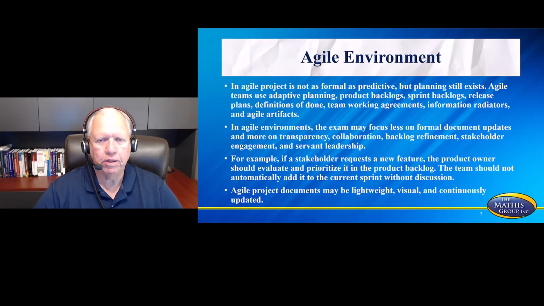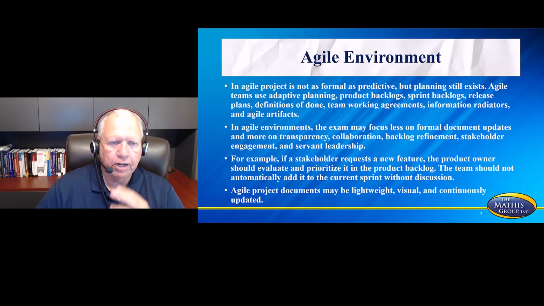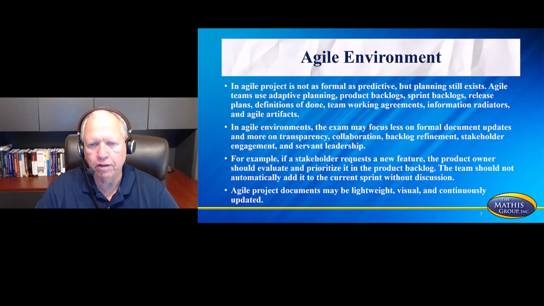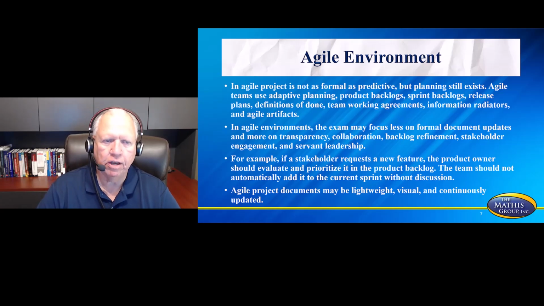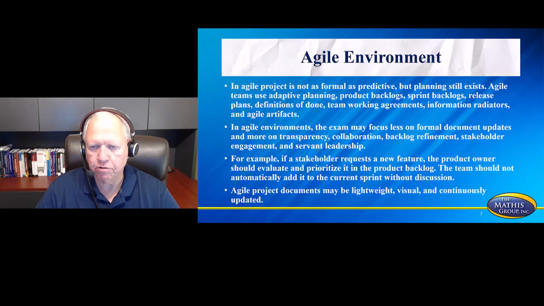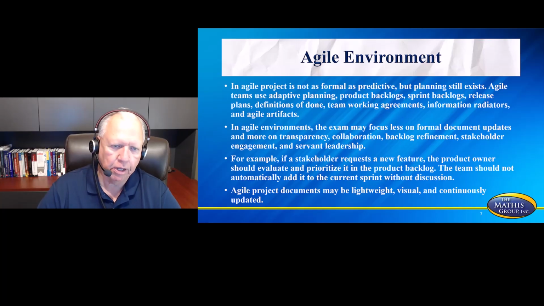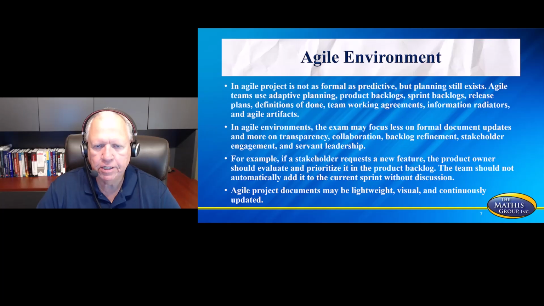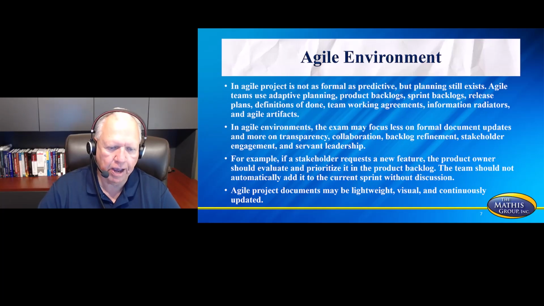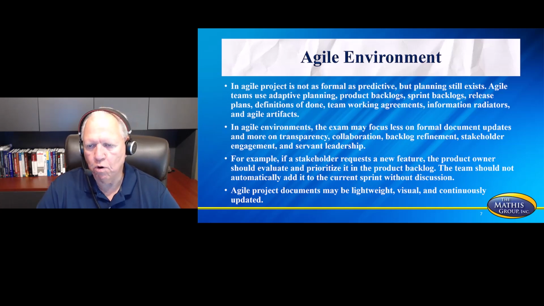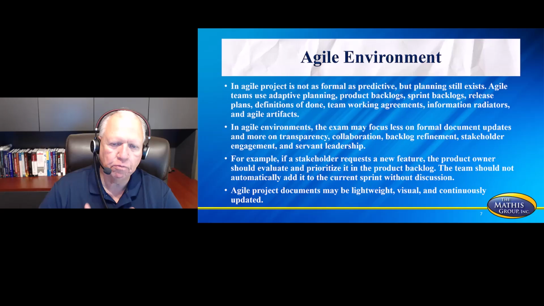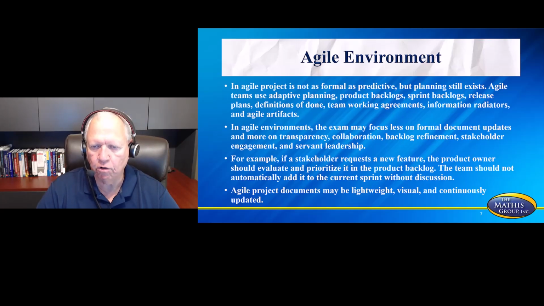The second is going to be that of an agile environment. Agile project management is not as formal as predictive, but planning still exists, but agile teams use adaptive planning: product backlogs, sprint backlogs, release plans, definitions of done, team working agreements, information radiators, and agile artifacts. In agile environments, the exam may focus less on formal document updates and more on transparency, collaboration, backlog refinement, stakeholder engagement, servant leadership.